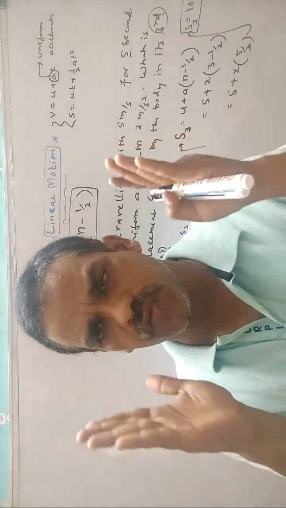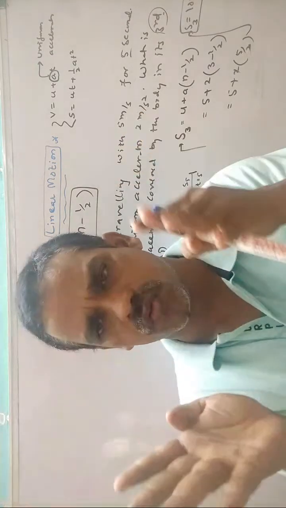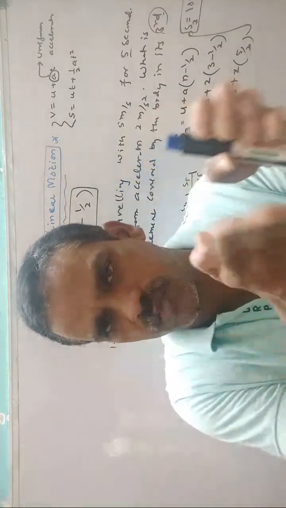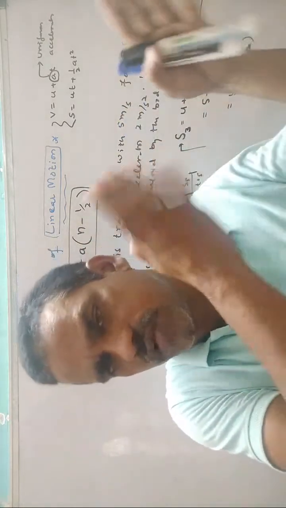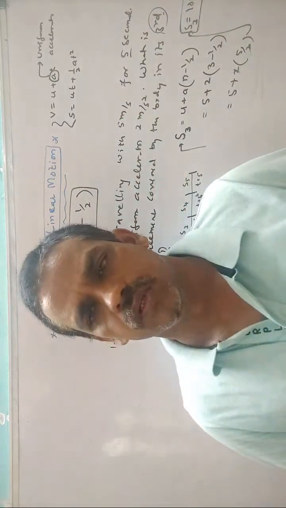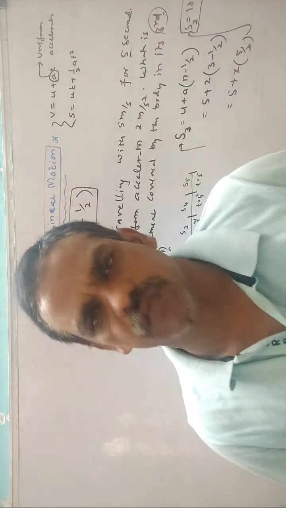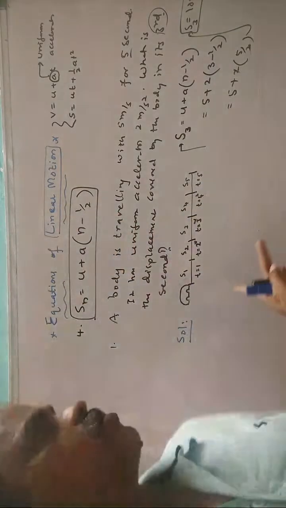So in a particular 5 seconds of travel time, we have to split it into the first second displacement, second, third, fourth, and fifth second displacement. This is the difference from the top three equations. So just write it, copy it.